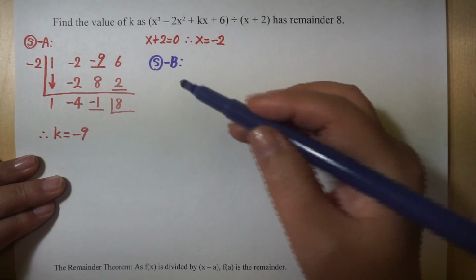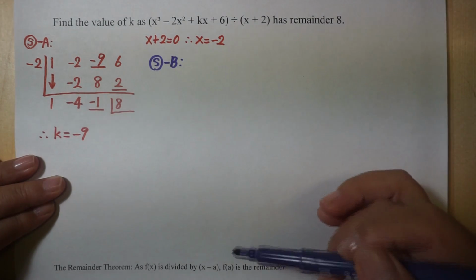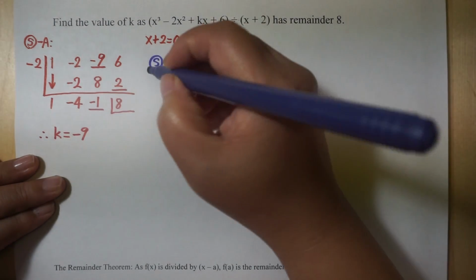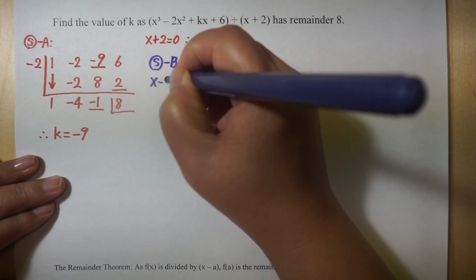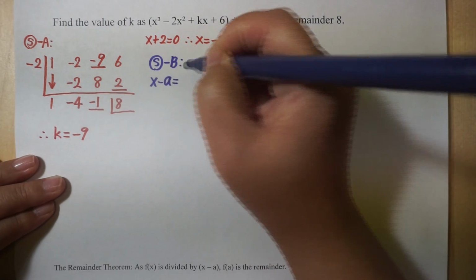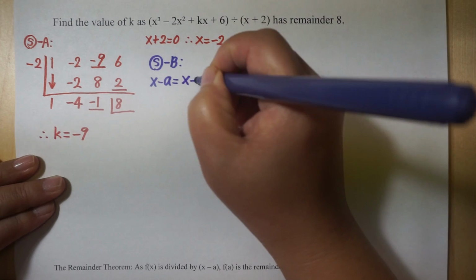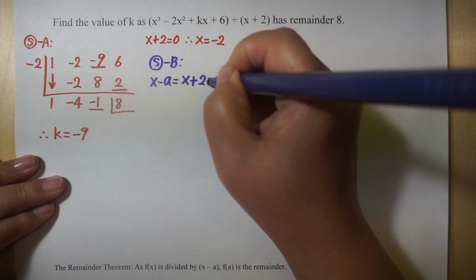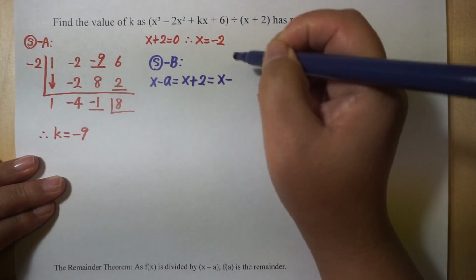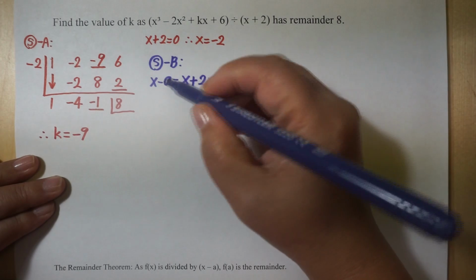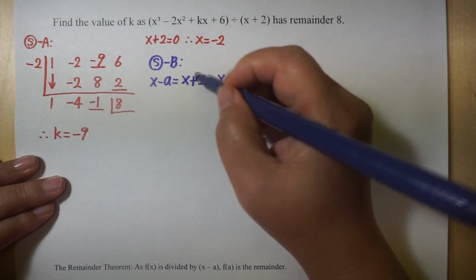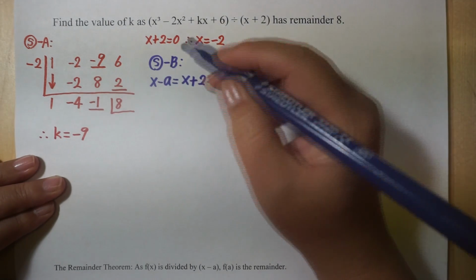So first of all, we have to find the value of a. So we can do it this way. x minus a is equal to x plus 2 is equal to x minus negative 2, because we have to change the sign from plus to minus because this is minus.